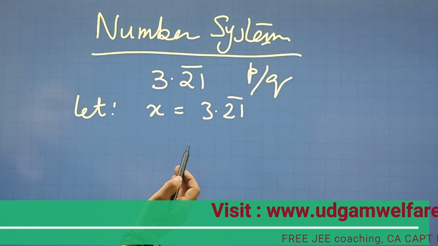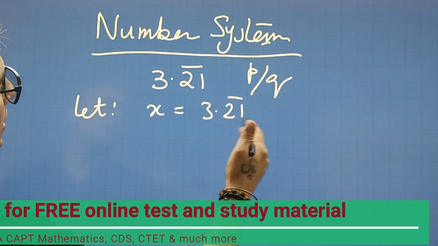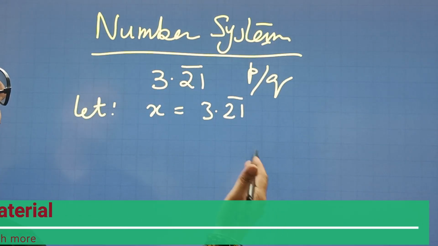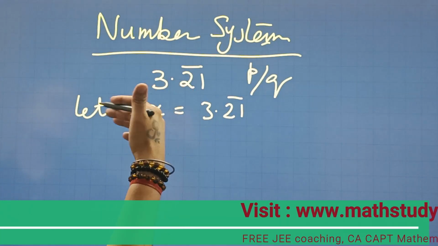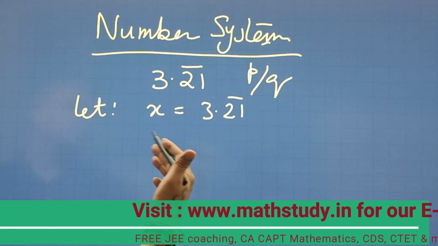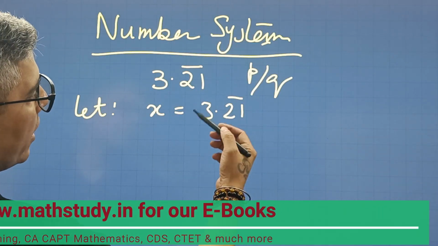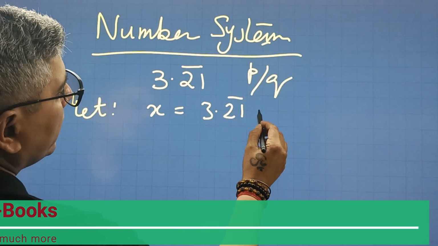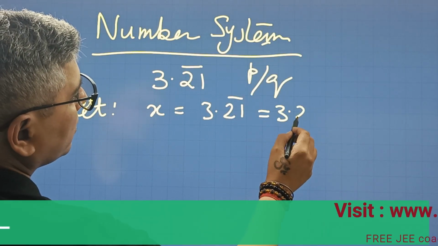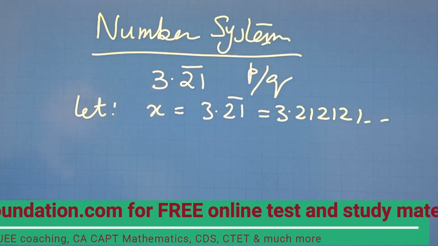Now the concept says the numbers after the decimal which are repeating again and again, we have to multiply this equation by that many zeros. In our previous example we had one number, so we multiplied it by 10. Now we have two numbers here, this number implies 2121, like that.